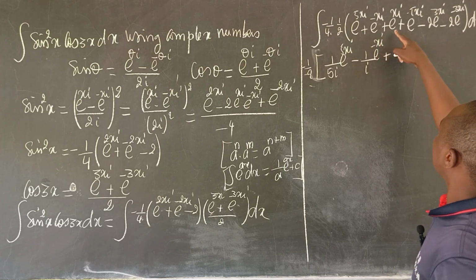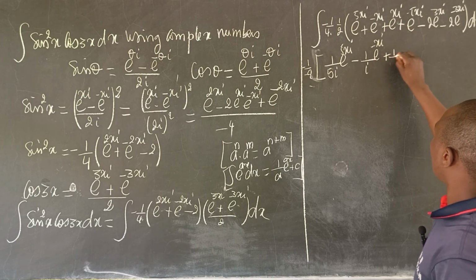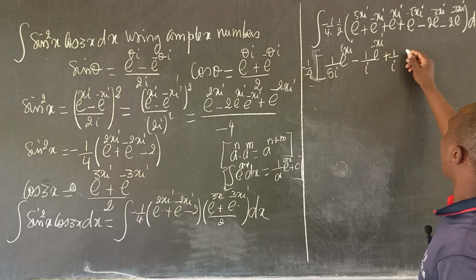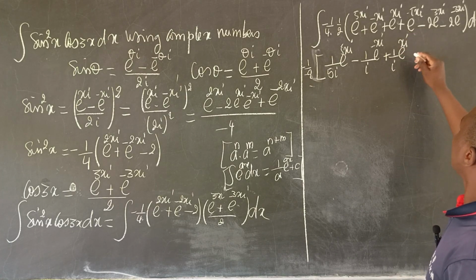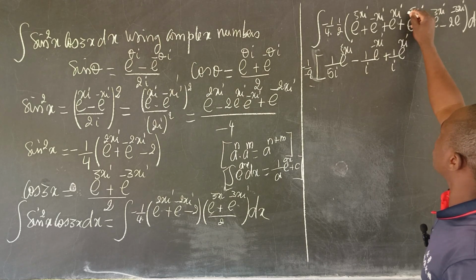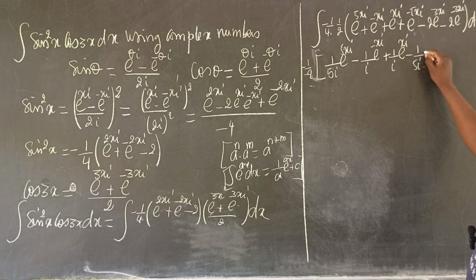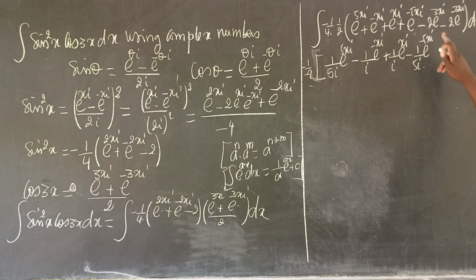Let's add here, we have this. What we have is 1 over i times exponential of xi. Here, because this is minus, we have minus 1 over 5i times exponential of minus 5xi. Okay, here is, what do we have here?